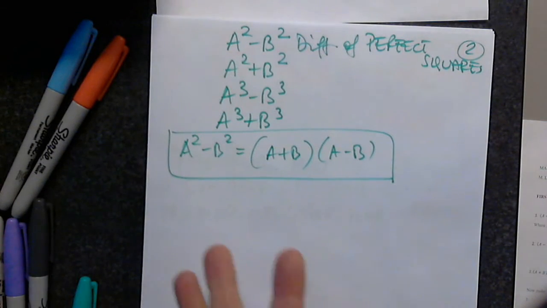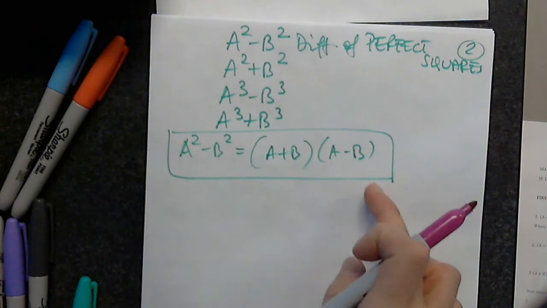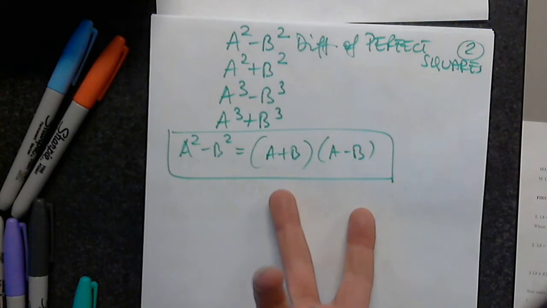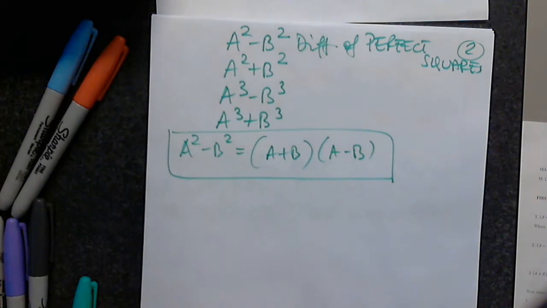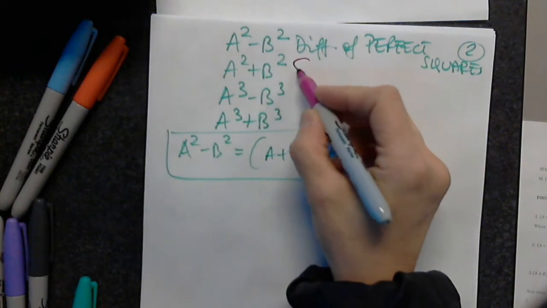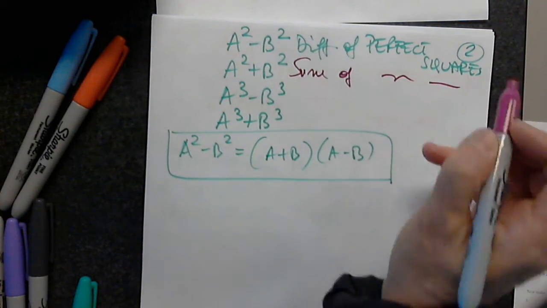So we know the special product, the difference of squares, factors into A plus B, A minus B. You can write it as A minus B times A plus B. It's the same thing. Okay, A squared plus B squared. Name first. Sum of perfect squares?